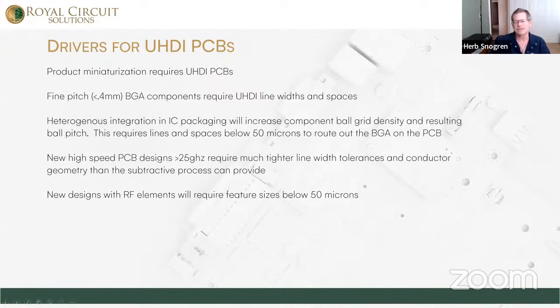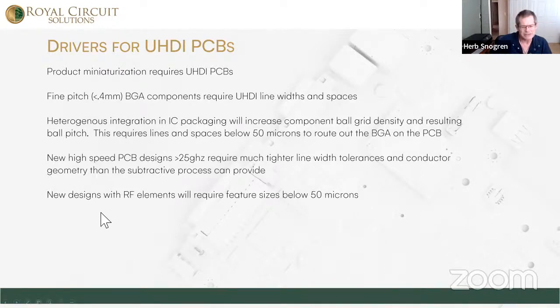Heterogeneous integration, which is a whole topic in itself, is going to lead towards much higher IO densities on the component package. So you're going to have much finer pitch, larger devices, and that's going to drive the routing density on the printed circuit board to use finer lines as well.